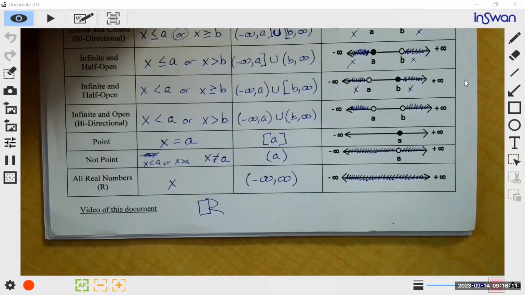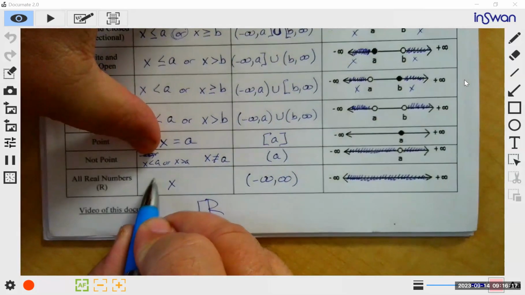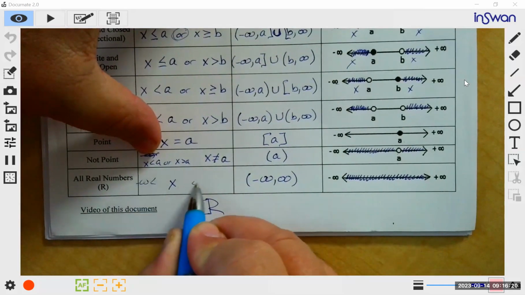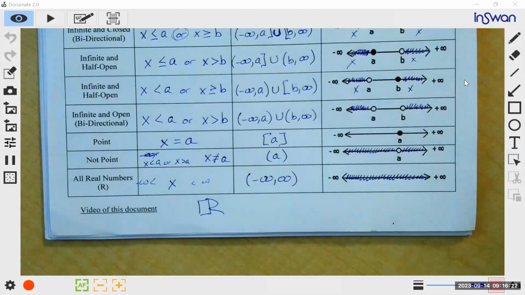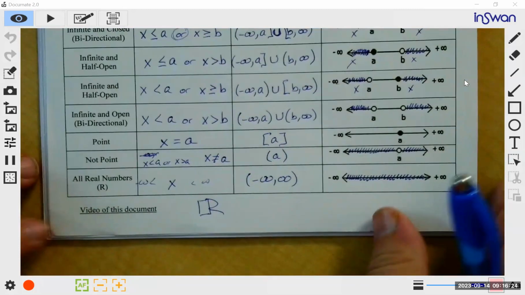We just put X. Or if you want to, you can also put negative infinity to positive infinity, but just X will work, because that means there's no restrictions.